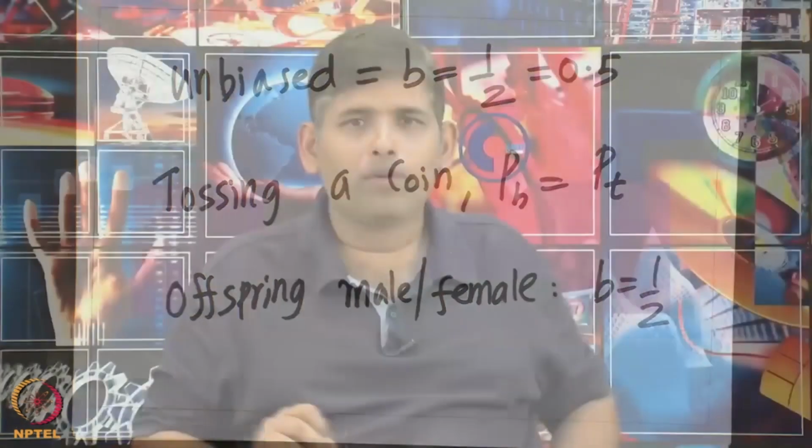But in many situations, if you don't have a fair coin, if you have an unfair coin, you might get more heads than tails. If you take some object which is not symmetric, it would fall on one side more than the other. In that case, b is not half, it is biased towards one side. In the system that you do experiments on, you may not know which way it is biased.